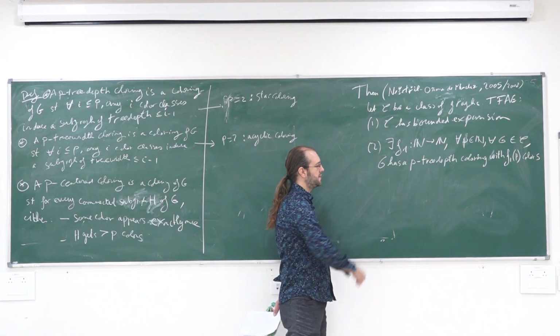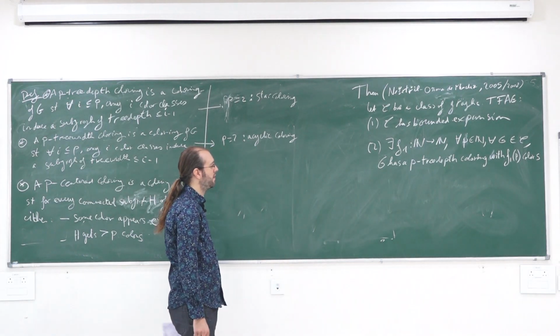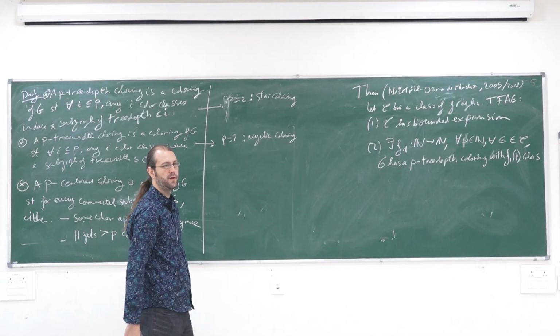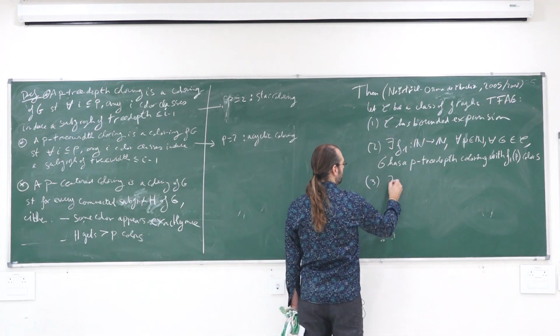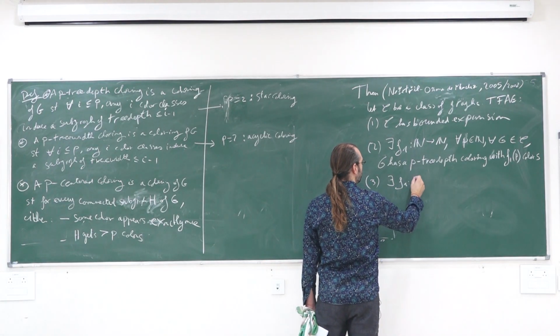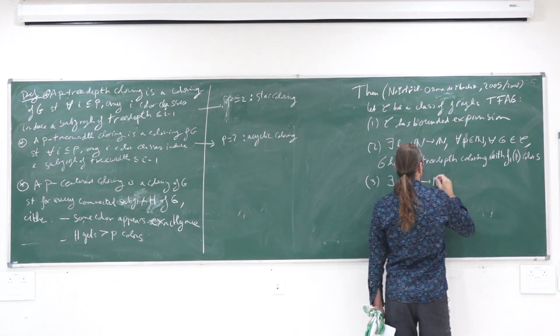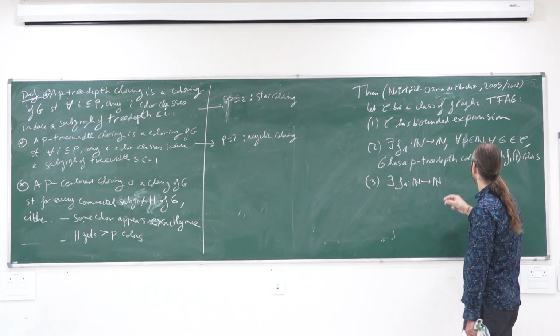In particular, it implies a p tree-width coloring, because bounding tree-depth implies bounding tree-width. But actually, this is also equivalent. So you can rewrite this as bounding tree-depth. Even though this is weaker, it's still a characterization.